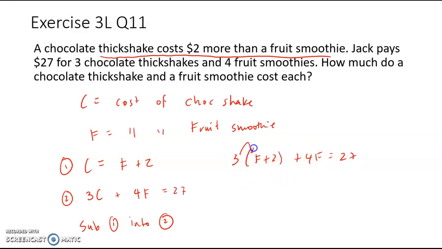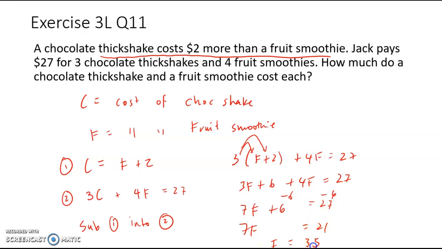Expand this, you get 3f plus 6 plus 4f is equal to 27. 7f plus 6 is equal to 27. 7f is equal to, we're going to take 6 from both sides, 21. F is equal to $3. If f is equal to $3, then C is equal to f plus 2, so C is equal to $5.